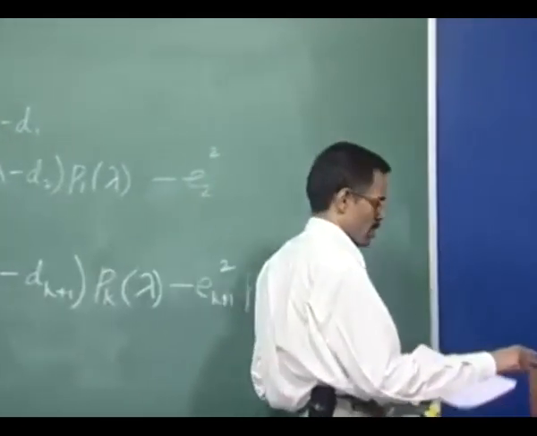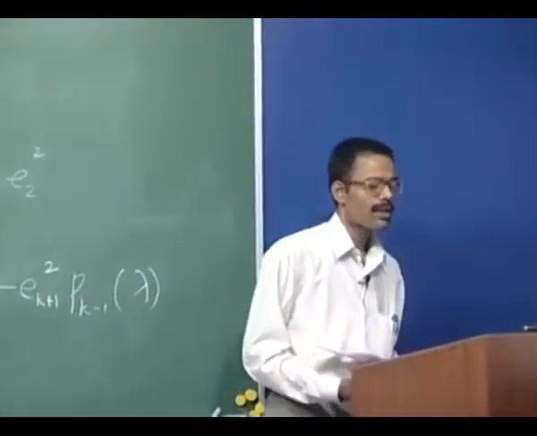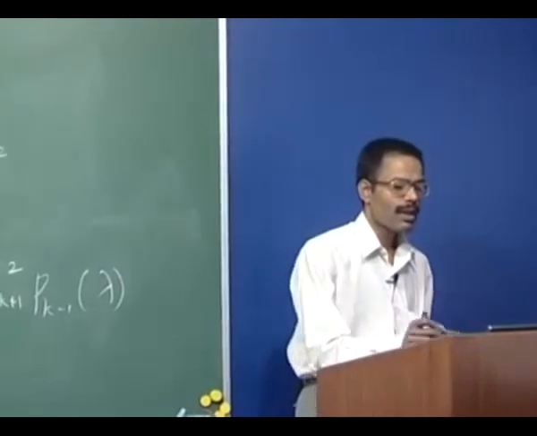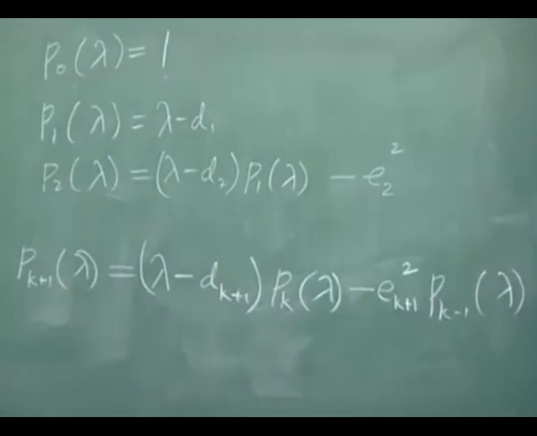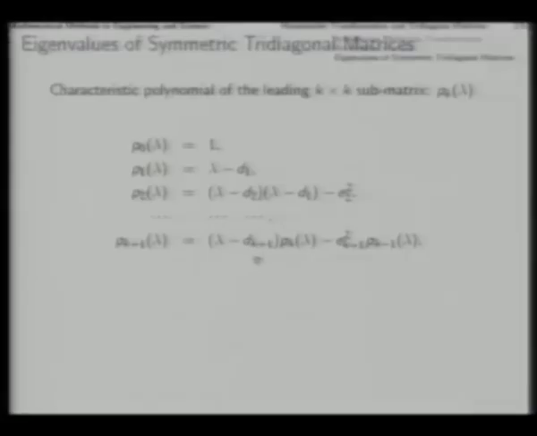As we construct this sequence, it has some interesting properties. This recursive expression helps us in evaluating these polynomials extremely fast. Other than that, this sequence of polynomials of increasing degree has further properties.